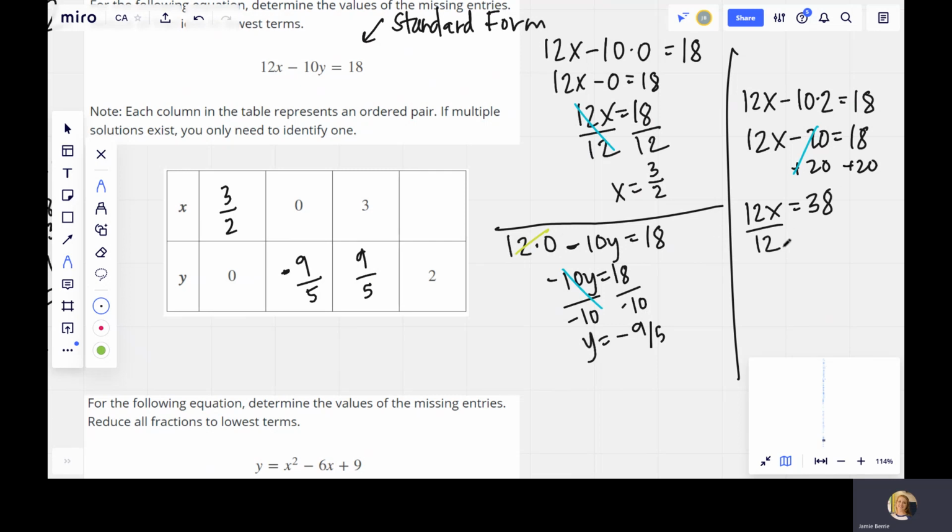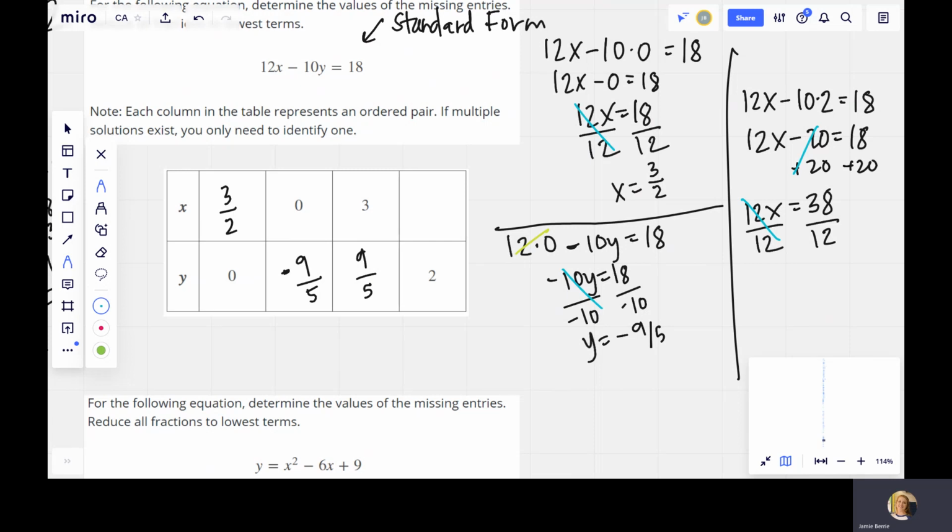Divide both sides by 12. Oh gosh, I don't know if I can reduce that one in my head. I got my calculator right here somewhere. All right, just to be safe, I'm reducing this on my calculator. 38 divided by 12.